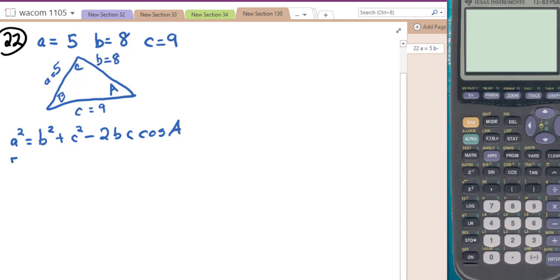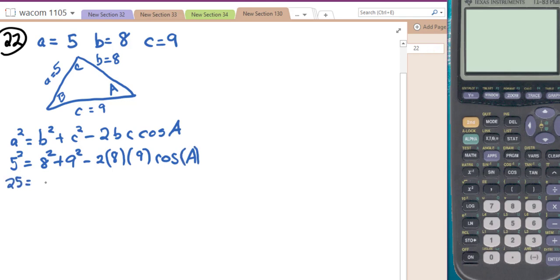So A is 5 squared, B is 8 squared, plus C is 9 squared, minus 2 times B, which is 9, times C. I'm sorry, I put the wrong thing in there for B. This should be 8. C should be 9, times cosine of A, and A is what we're solving for first.